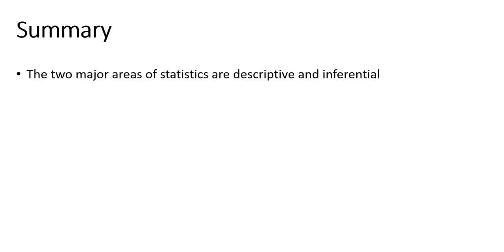Descriptive statistics will only describe the data we have collected from a group of people, and we don't draw conclusions about anything else. We don't infer about population. And inferential statistics is the type of statistics that would draw conclusions and infer about population.